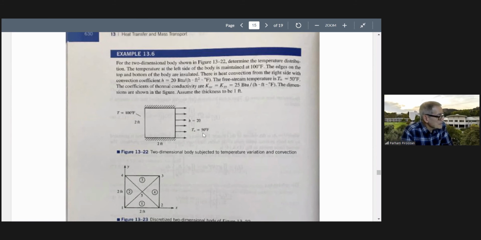Here there is convection taking place. h is given 20, temperature of infinity is 50 degrees Fahrenheit. The question is to determine the temperature distribution. So for this body, we want to find the temperature distribution.